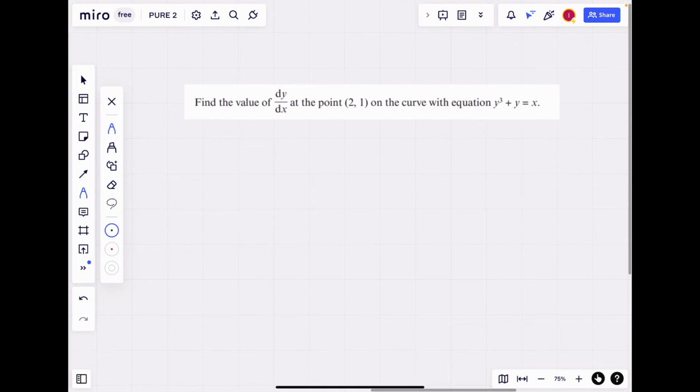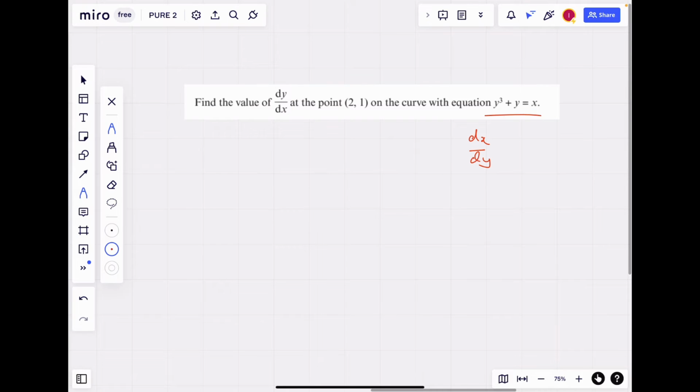This is the last one I'm going to go through, and then you're going to have some questions to do on your own. In this case, if you notice, your function is in terms of y, it's not in terms of x. So if you were to differentiate this, you would be working out dx by dy, technically.